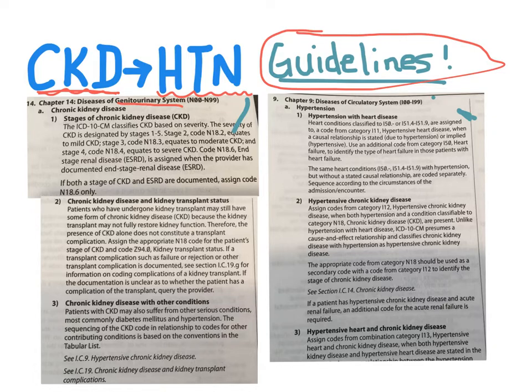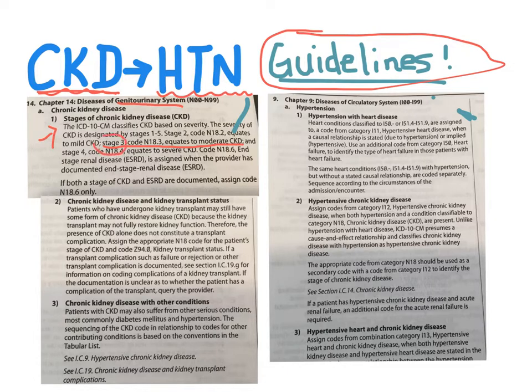So let's go ahead and take a look at these chapter-specific guidelines for the genitourinary system, again, in the front of your CM code book. And here you will find little nuggets of wisdom, such as when discussing the stages of chronic kidney disease. Here, let's say a physician documents the chronic kidney disease as moderate. Well, our only option in the alphabetic index may be stage 3.